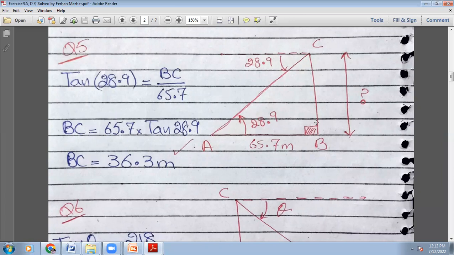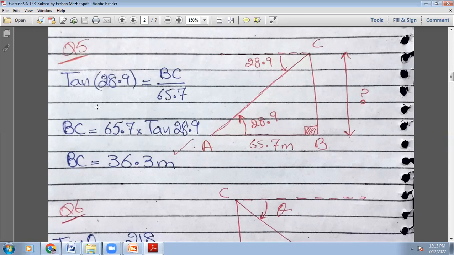So now it's a right angle triangle. I know this angle, I know the base, and I want to know the perpendicular, which is the height of the cliff. So I will use tan. Tan is the perpendicular by base. So tan 28.9 equals BC, which is the height of the cliff, divided by the base, which is 65.7. To make BC alone, this which is dividing here will go to the other side and multiply.